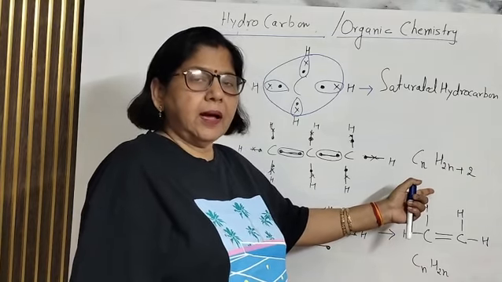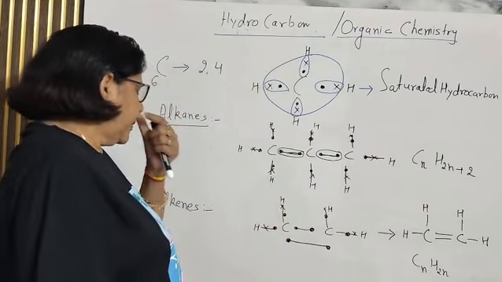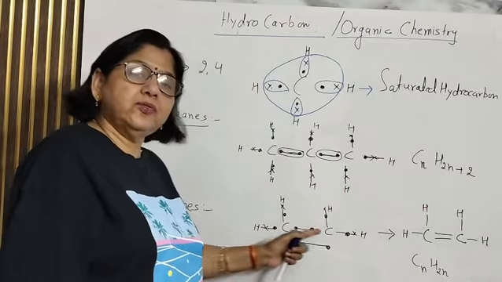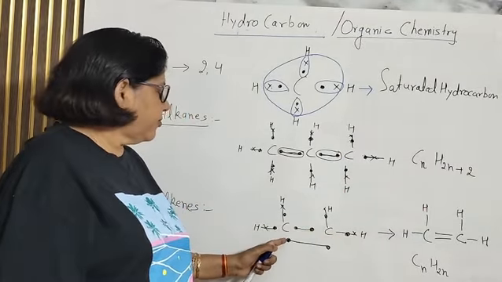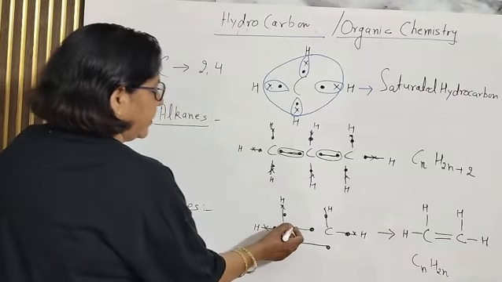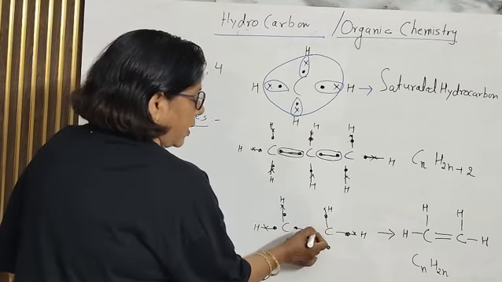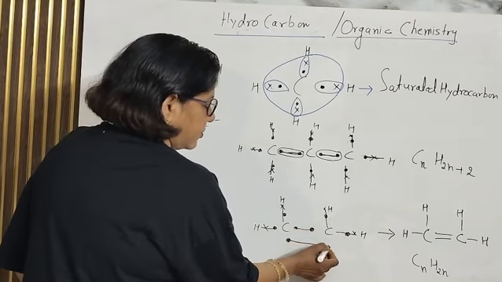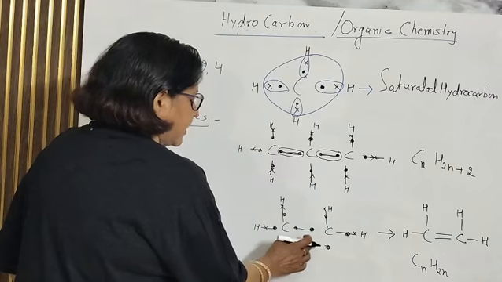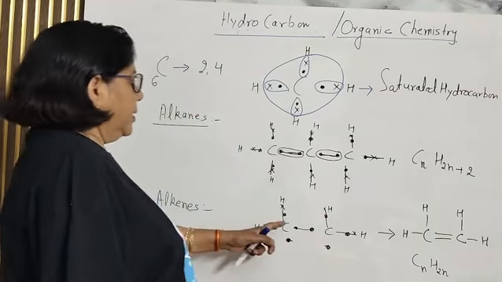Okay. Now come to the next point. Now I have drawn these 2 carbon atoms and the 4 electrons of every carbon atom: 1, 2, 3, 4. This carbon 1, 2, 3, 4. Agreed? Now for instance I just erase it.